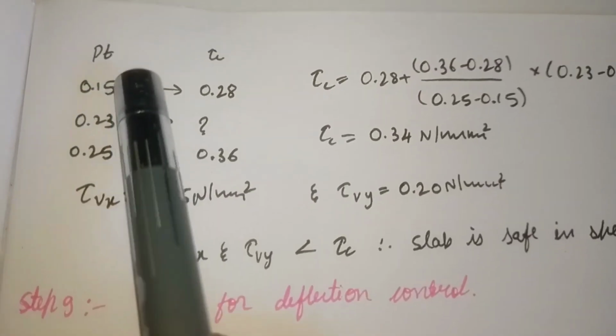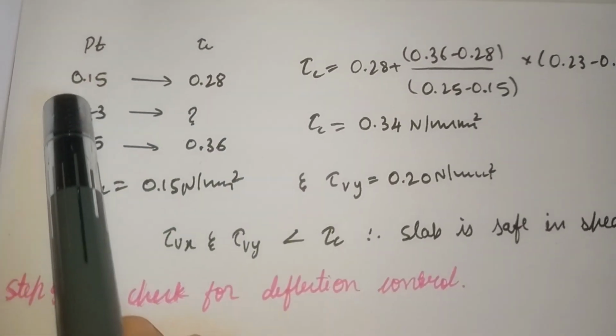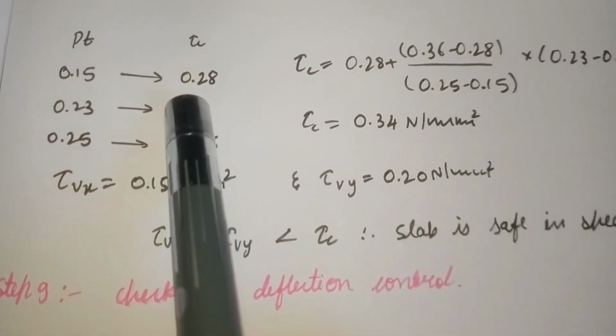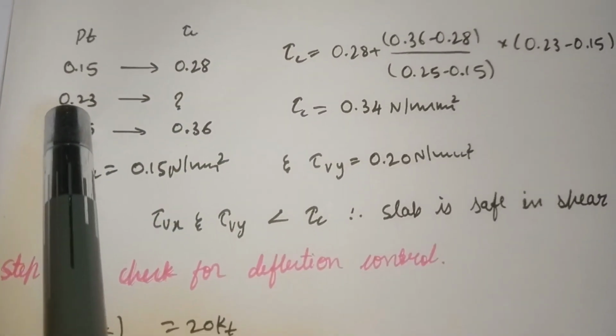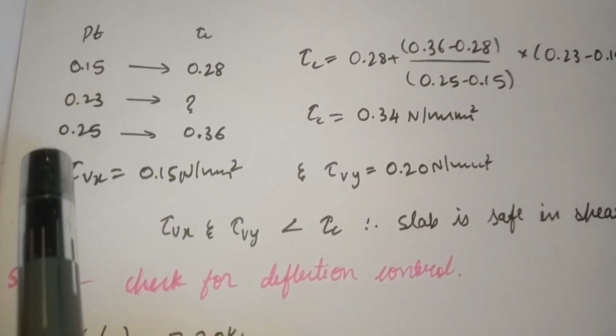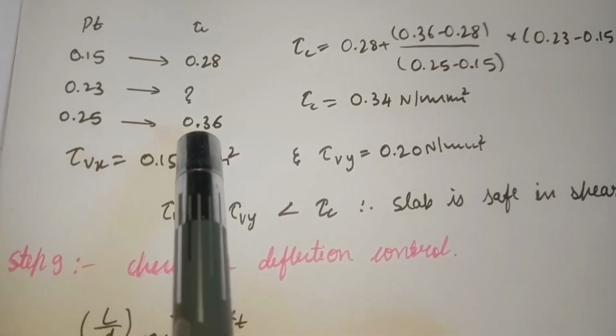So the same values I have written here. For 0.15 we have the value 0.28. For 0.23 we need to calculate now, and for 0.25 we have the value 0.36.